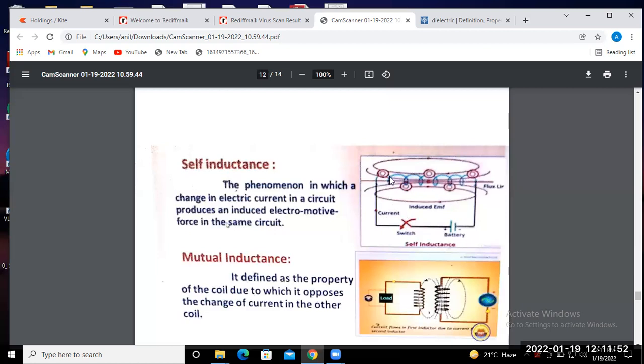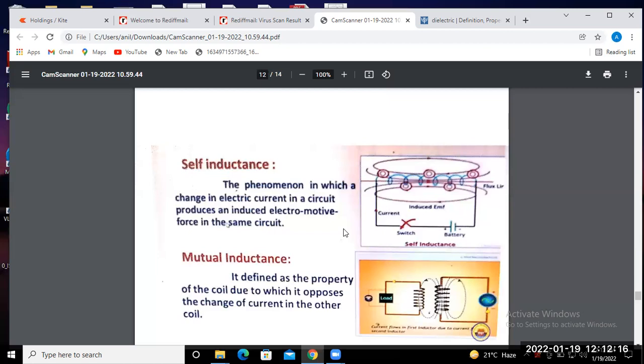The current flows through this coil and EMF is induced in the self coil. Whatever the current change, that is known as self-inductance, and current change in one coil and EMF induced in another coil is known as mutual inductance.